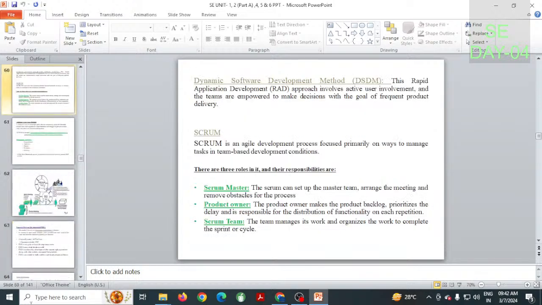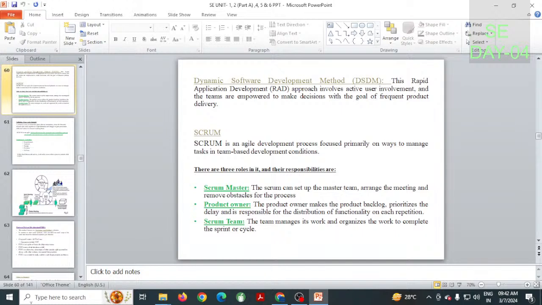Next, coming to another agile process model. After successful completion of adaptive software development, next we are going to discuss the dynamic software development method.